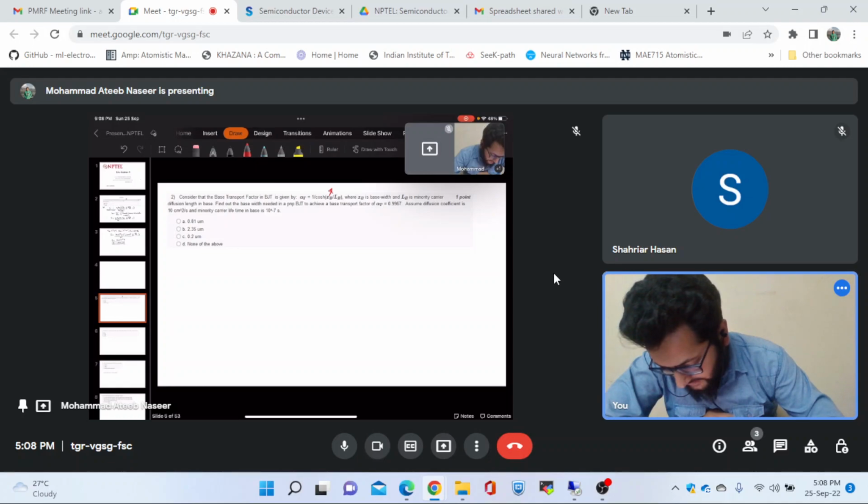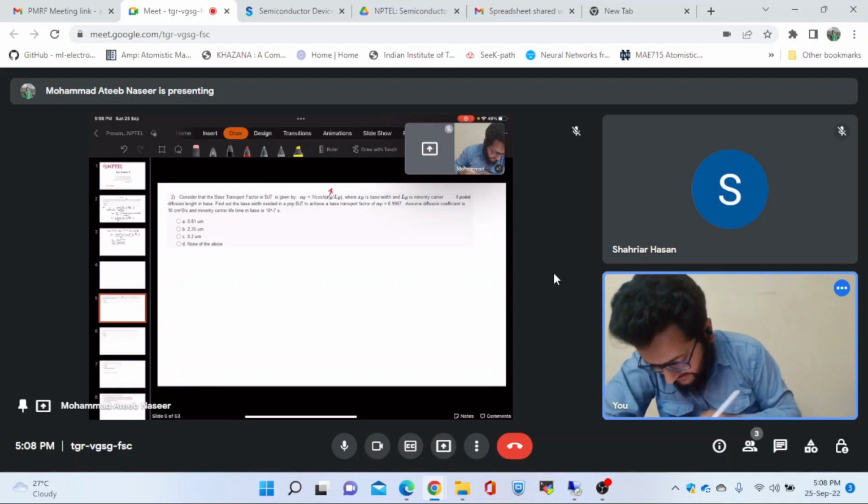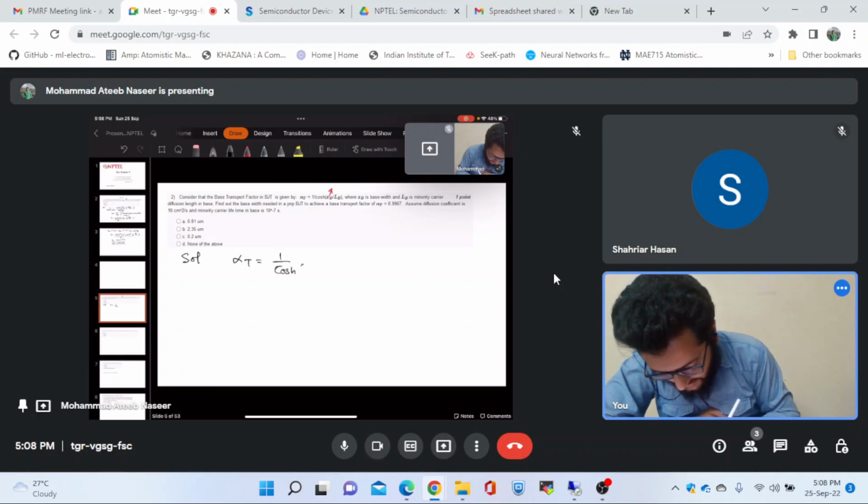So if we go by this, we have to satisfy this alpha T, which is given by 1 by cosh of this base width by the diffusion carrier length in the base.